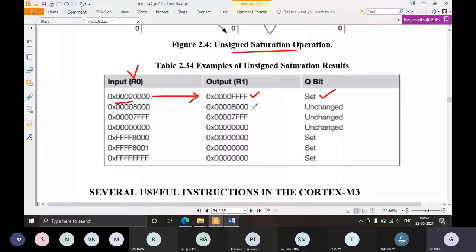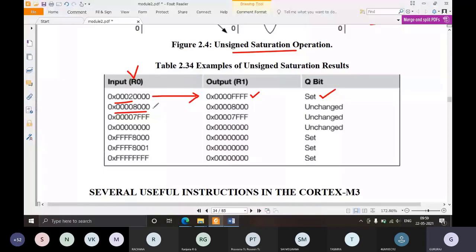Next input value is 4 zeros followed by 8,000. Since it is 4 zeros, it is a positive value only, and it is 8,000. Is this within the range?